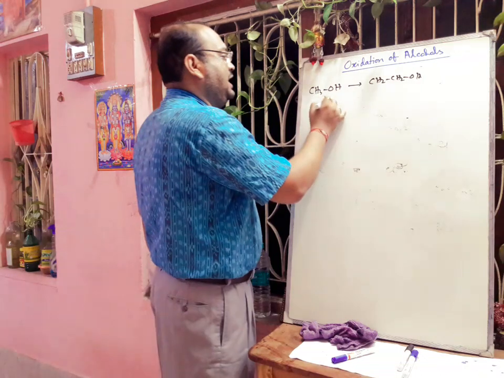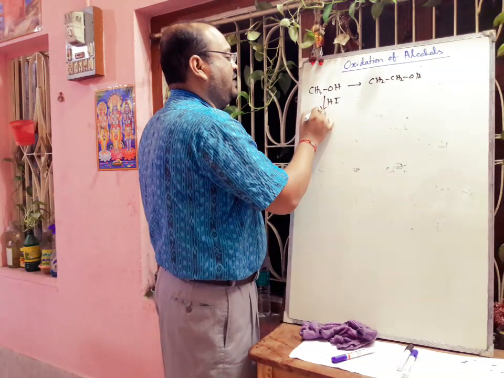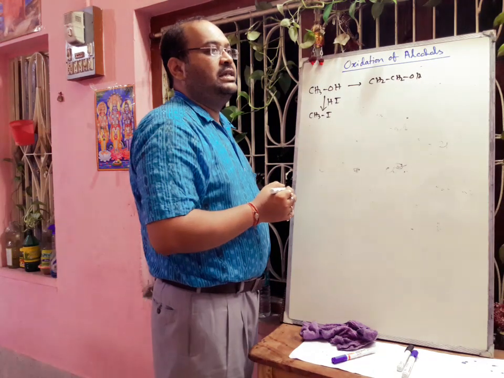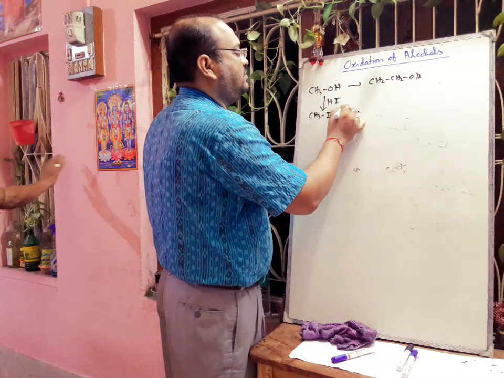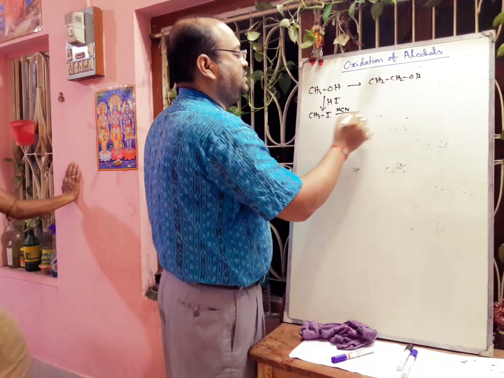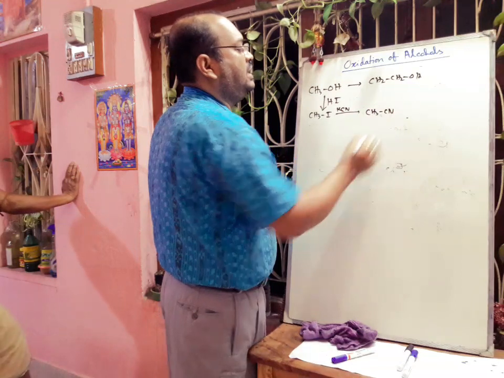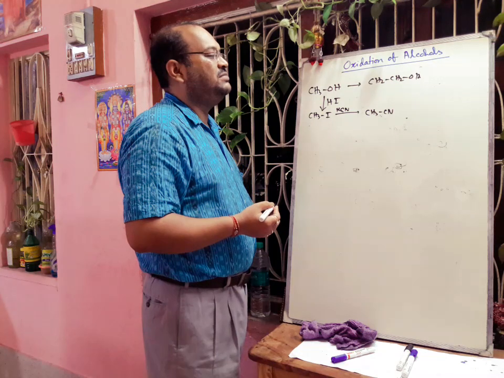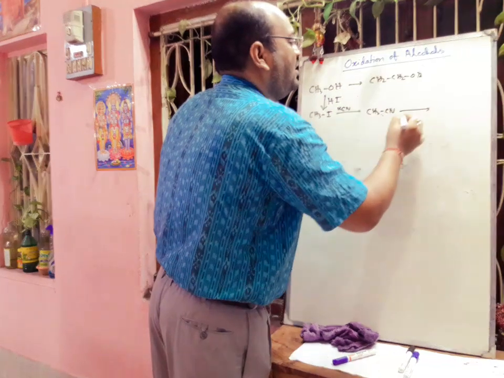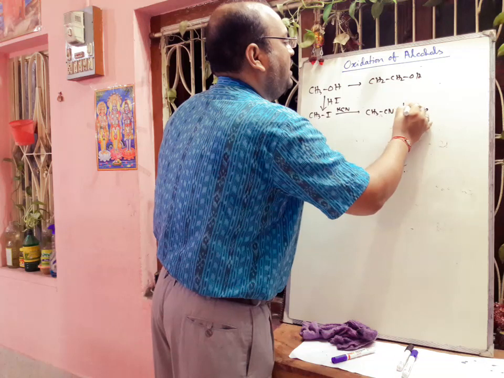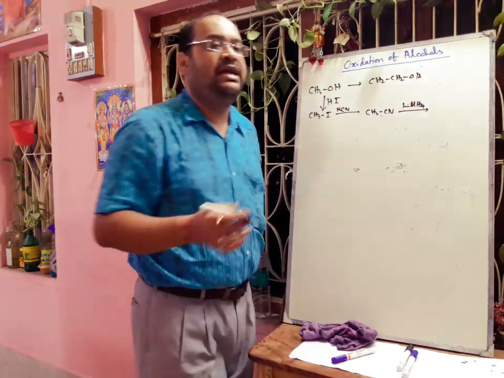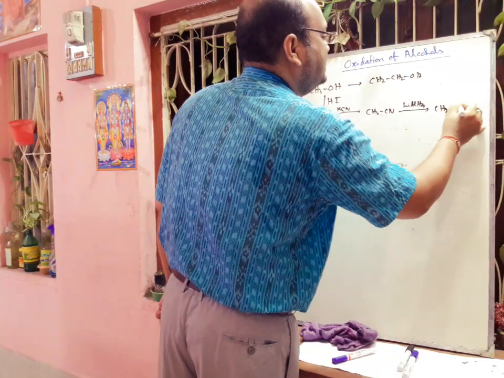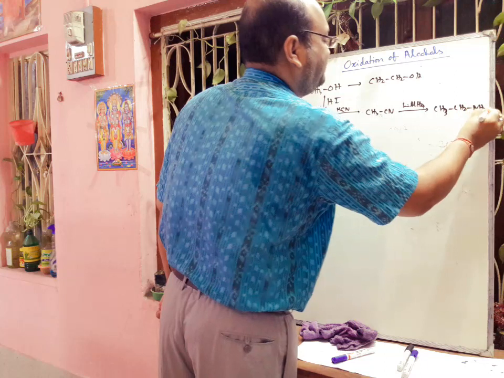So here we are adding HI first. HI will produce CH3I. Next here we will add potassium cyanide, KCN, a substitution reaction, it will produce CH3CN. In the next step we will add lithium aluminum hydride to reduce this cyanide group, and it will form CH3CH2NH2. That is ethylamine.